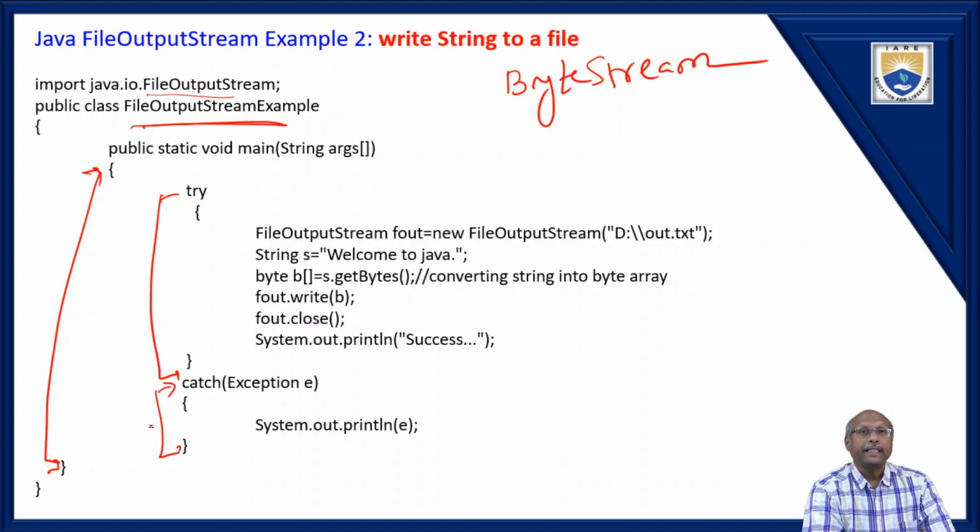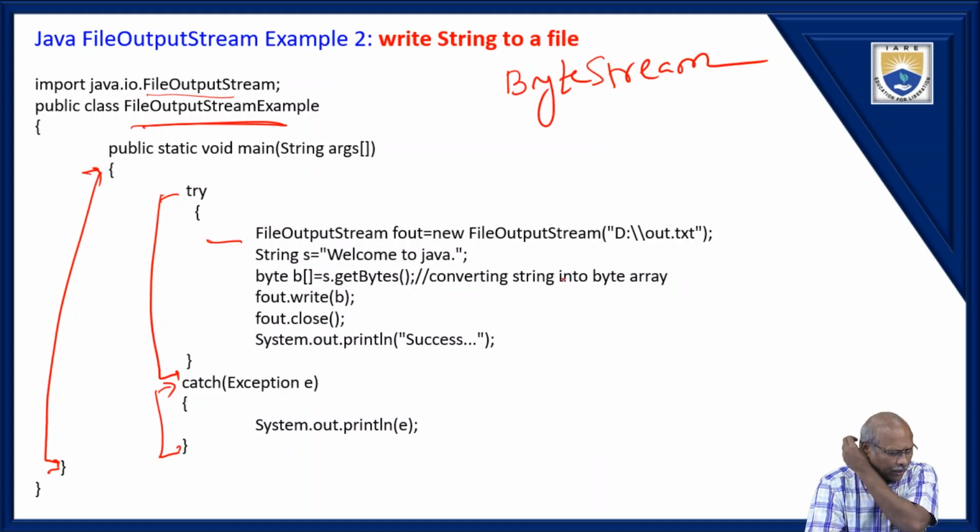Why? Because it may generate a runtime error, that means an exception. Whenever an exception comes, I should handle it. For handling, you should write the keywords try and catch. Try is the block which allows you to write the statements. Catch is the block which allows you to catch the error. So my program will be stable and will not be halted in the middle.